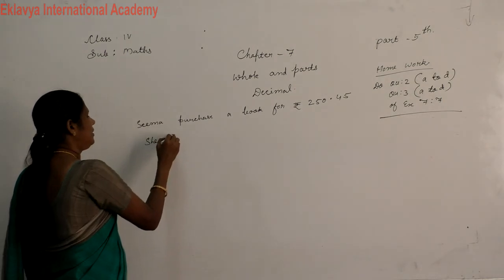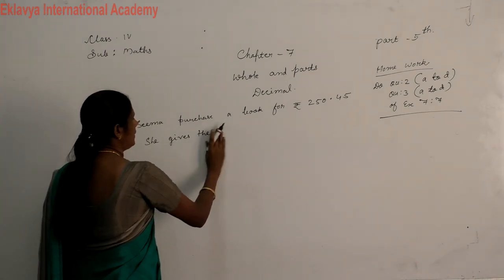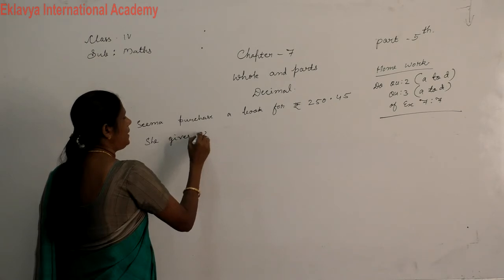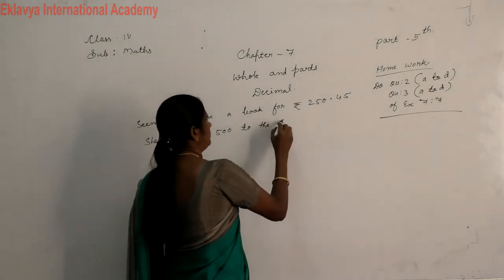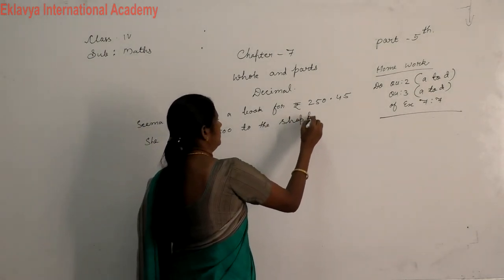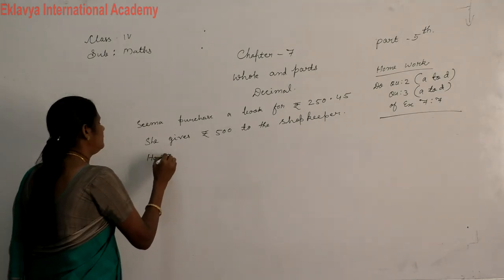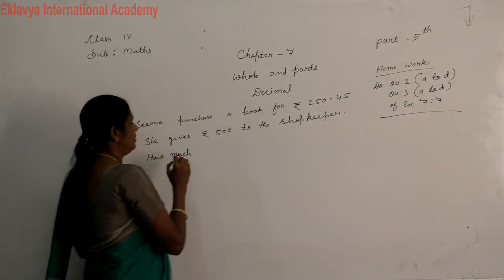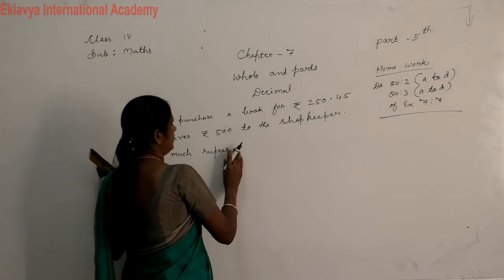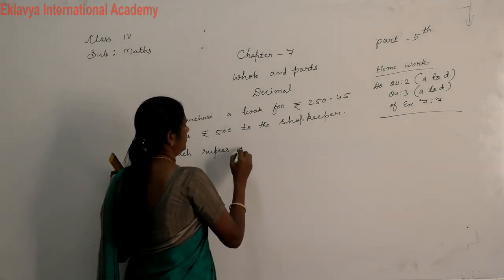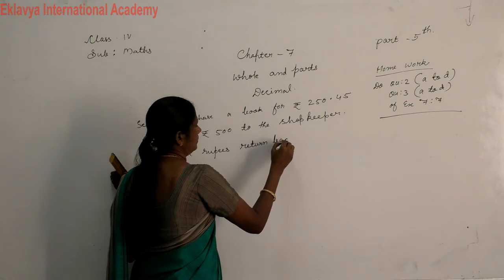She gives rupees 500 to the shopkeeper. How many rupees are returned back from the shop?